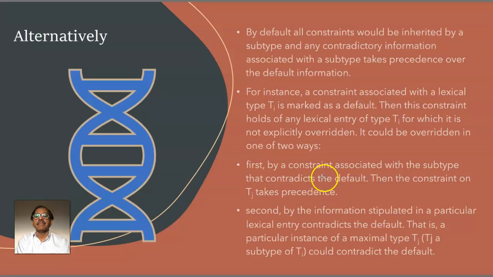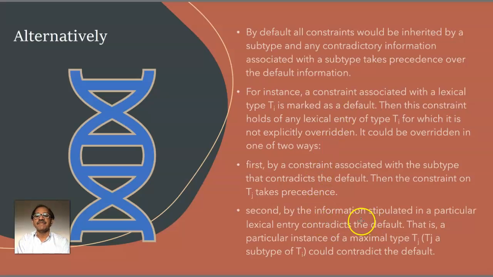First, by a constraint associated with a subtype that contradicts the default. So ti is a type, and it may have a subtype. If that subtype has a contradictory constraint, then that will override the default constraint.